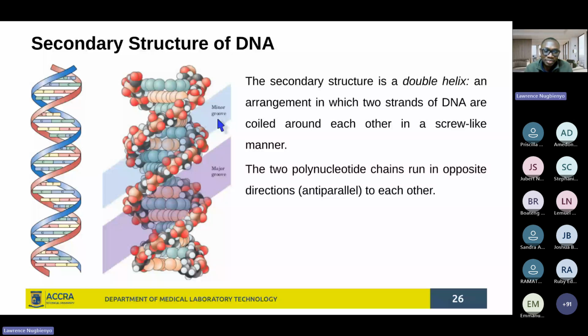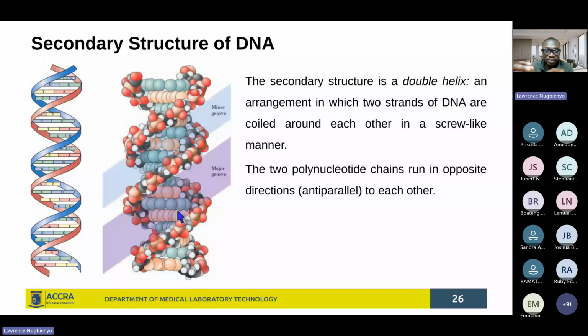Usually, these spaces, I think in this course, we will come to look at what we refer to as protein motifs. So yes, this is a nucleic acid, but this nucleic acid forms complexes with proteins.